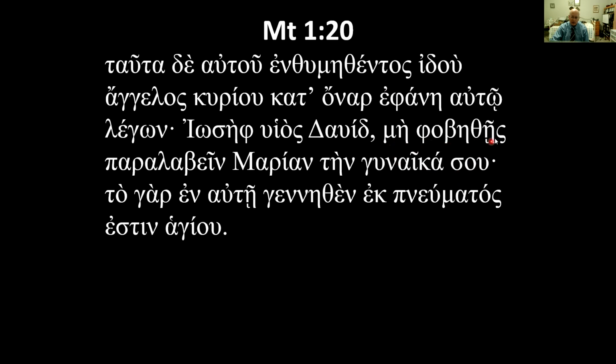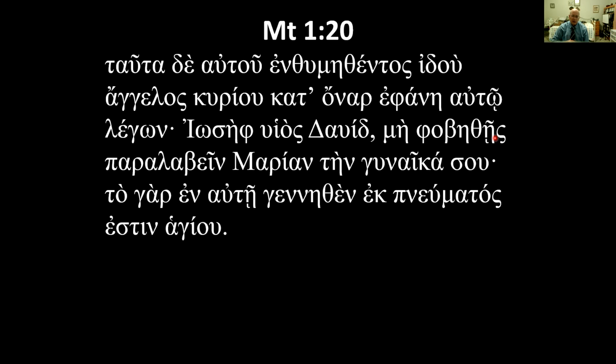And phobeomai, even in its passive voice, is, we said back in chapter 9, even though it looks passive, it takes a passive form usually, but it's translated actively. Do not fear.